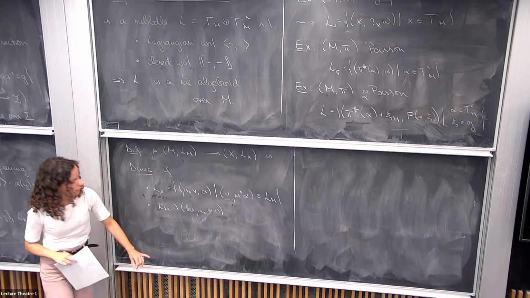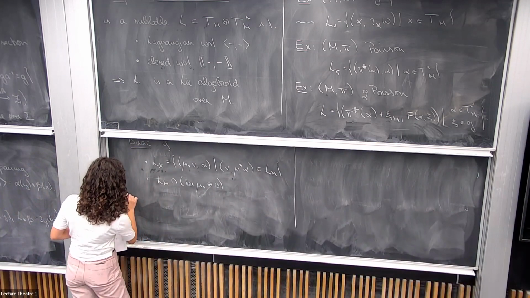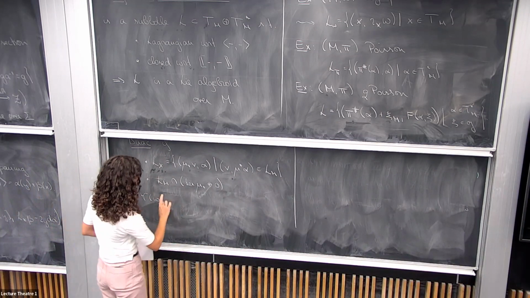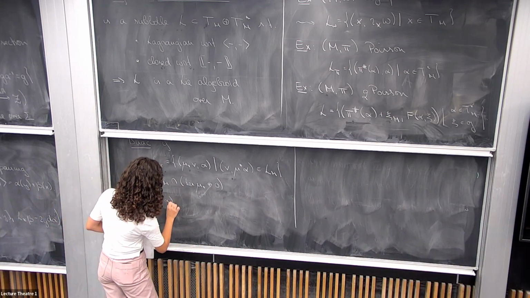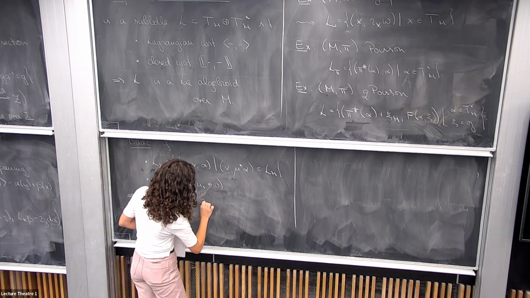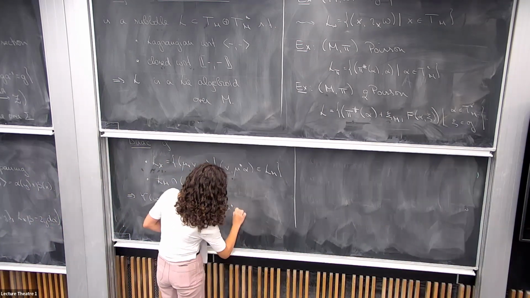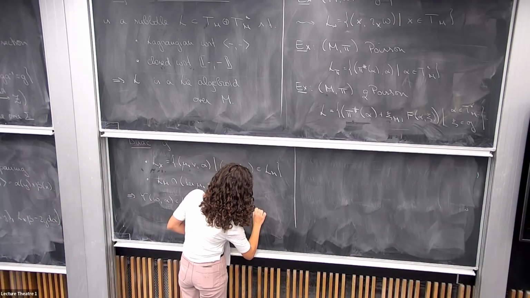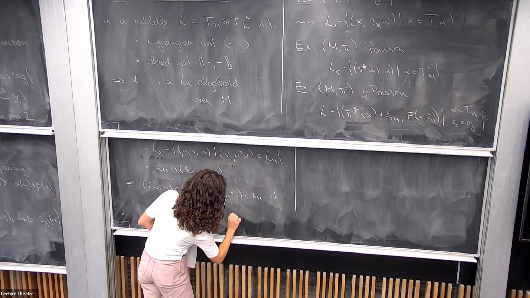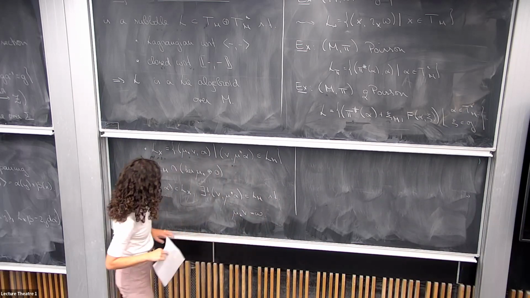So what does this mean? Just by linear algebra, this means that for every point in Lx, there is a unique point in Lm that it comes from, such that mu star v is equal to w.